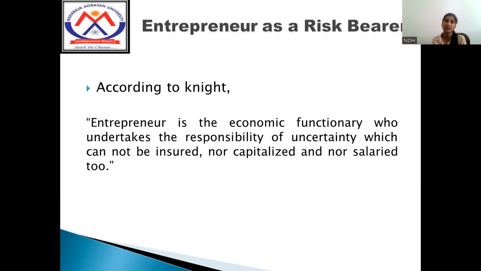Entrepreneurs should have risk-taking ability, and whatever income they get is completely uncertain. Entrepreneurship cannot be insured, and entrepreneurs do not get a salary or a fixed amount of income. So Knight has given this concept that it is really a risk, and the entrepreneur should have risk-taking ability.